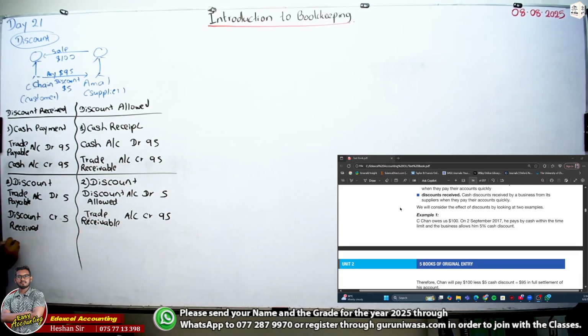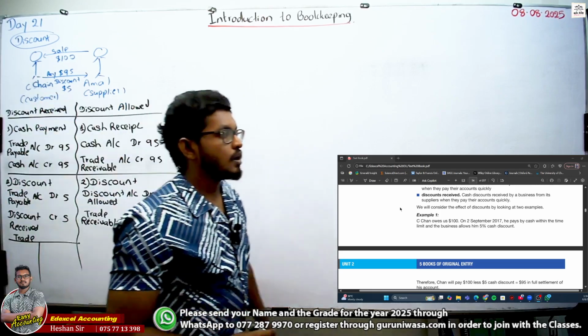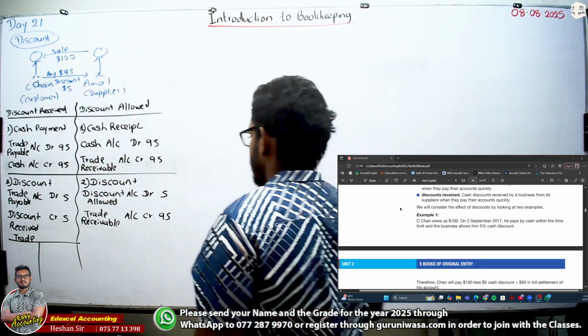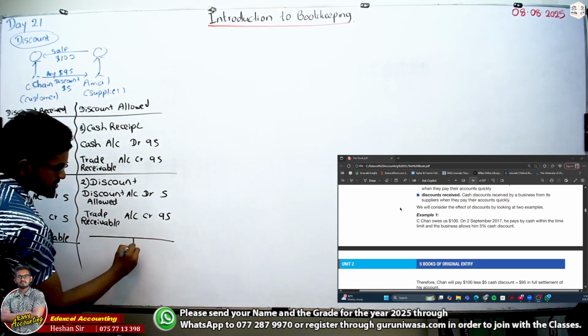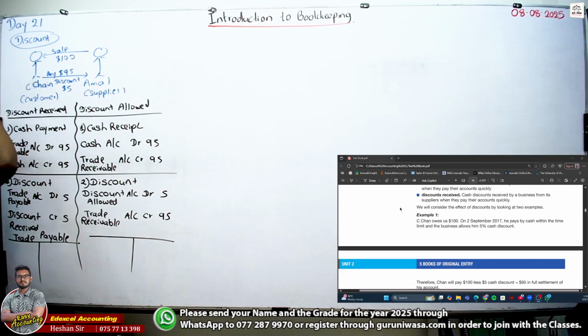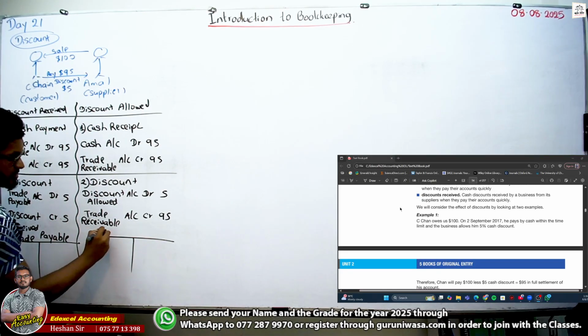So the customer maintains a separate account for the supplier, which means trade payable. The supplier maintains a separate account about the customer, which means trade receivable.